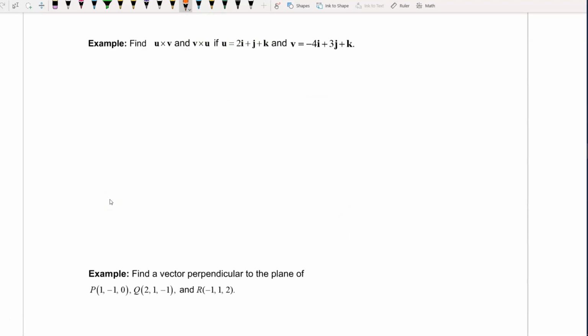Now here is an example: find u cross v and v cross u if u equals 2i plus j plus k and v equals negative 4i plus 3j plus k.